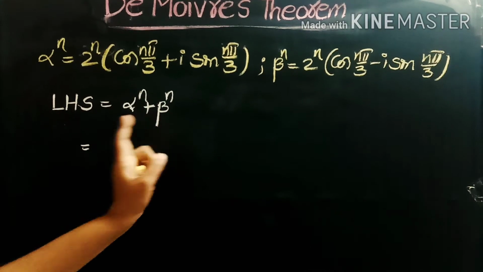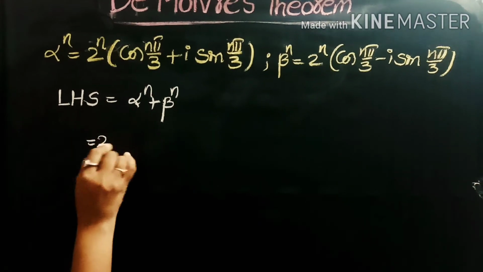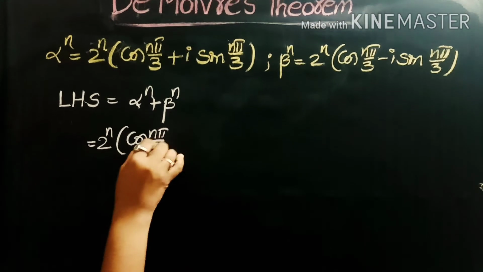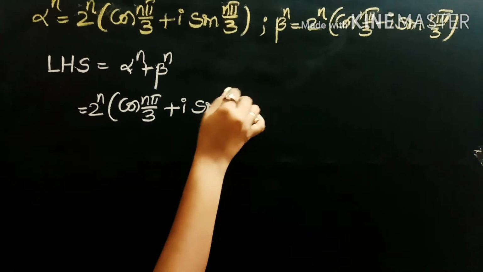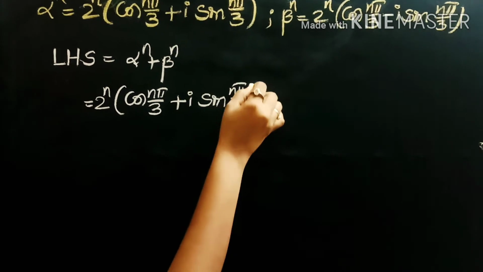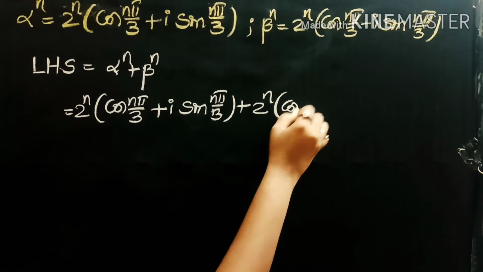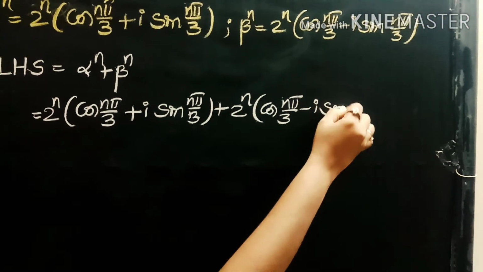Replacing these two values in the LHS, LHS is equal to alpha power n plus beta power n. Now alpha power n value, 2 power n into (cos n pi by 3 plus i sin n pi by 3), plus beta power n value, 2 power n into (cos n pi by 3 minus i sin n pi by 3).